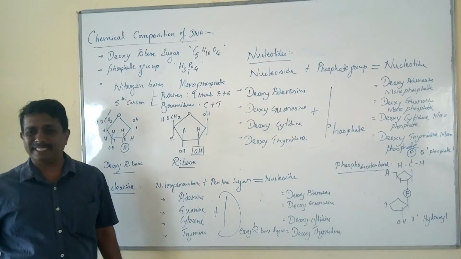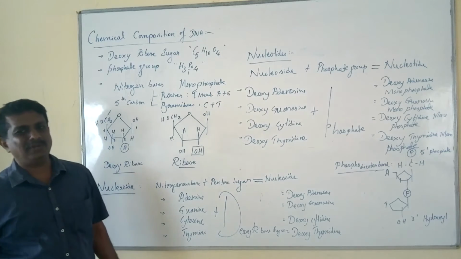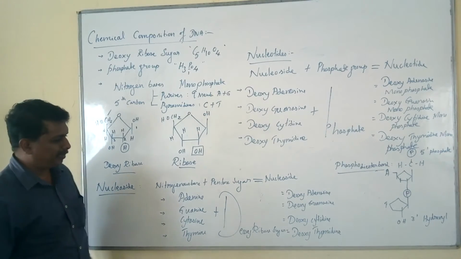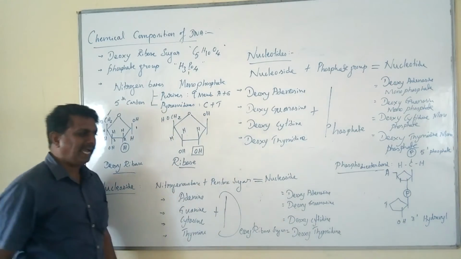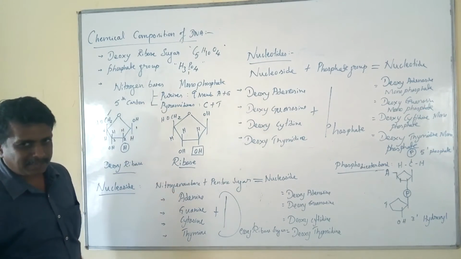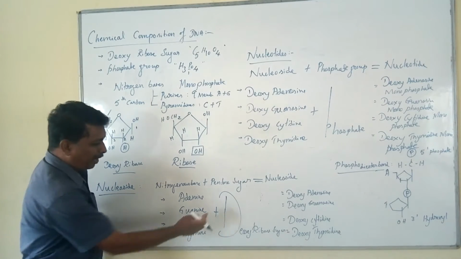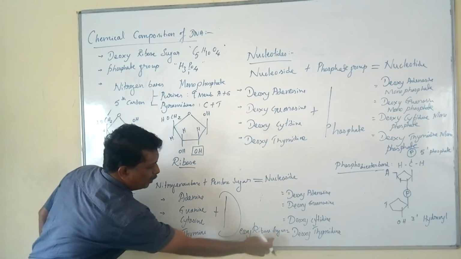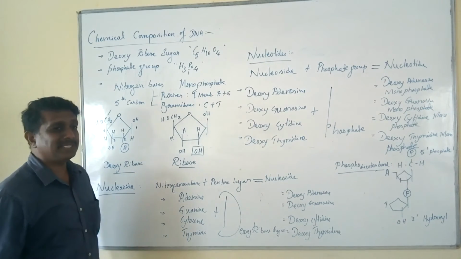The DNA is characterized by the presence of four important types of nucleosides. The first important nitrogenous base is called adenine. Adenine combines with the deoxyribose sugar, leading to the formation of deoxyadenosine.